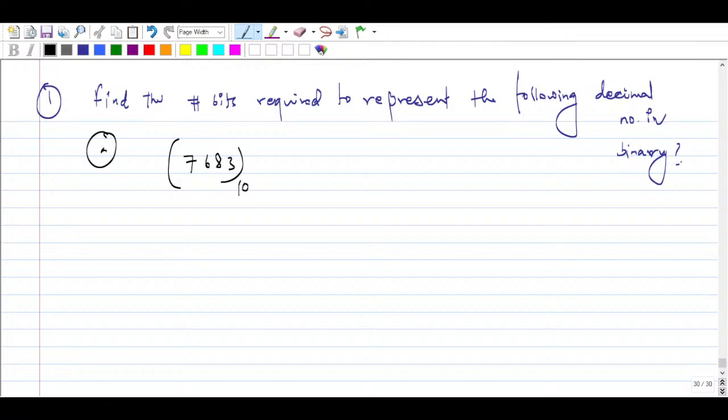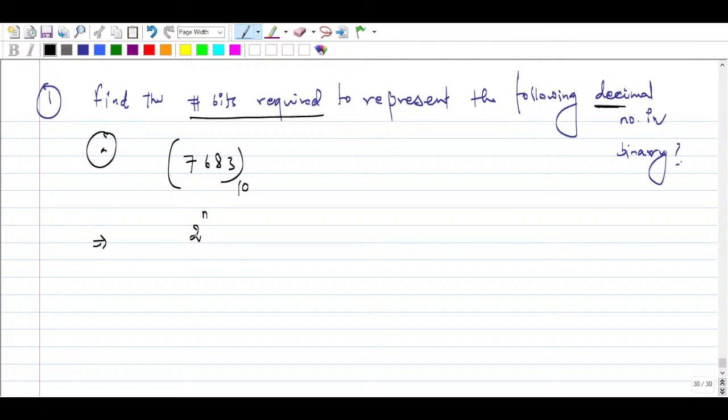So we have to find how many bits we require to represent this decimal number in binary. As we know, the base of the binary number system is 2. So you have to take this decimal number and find the n value, the number of bits.